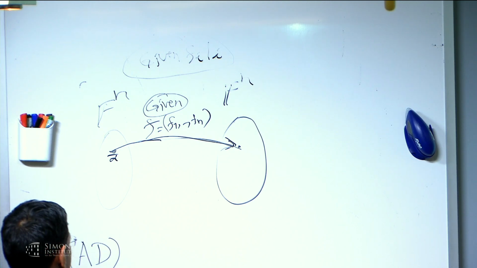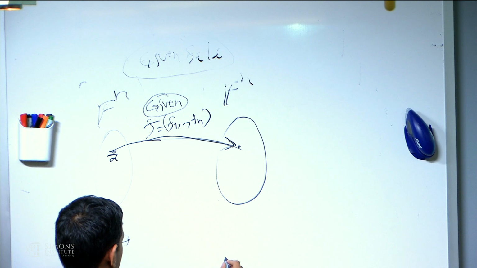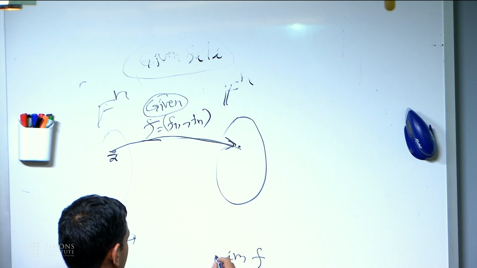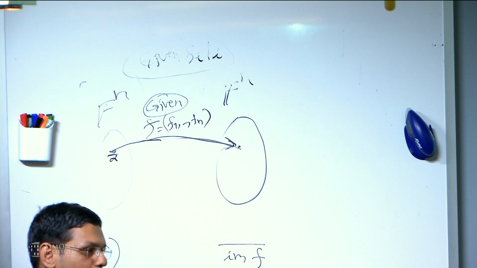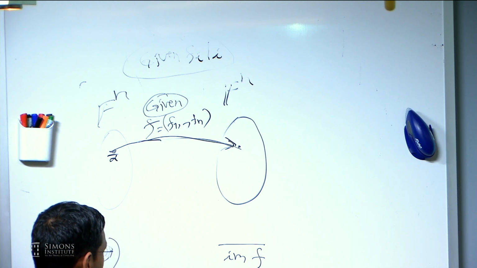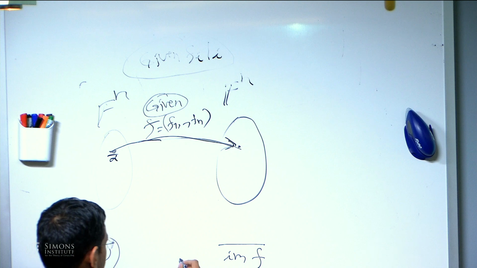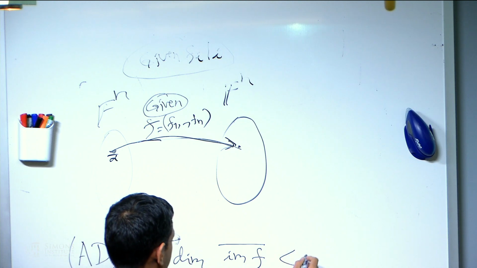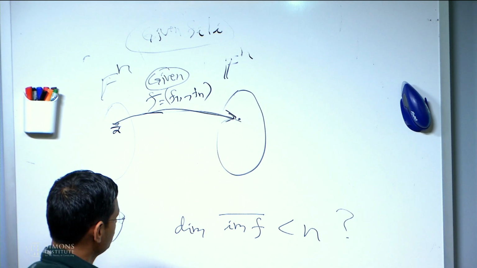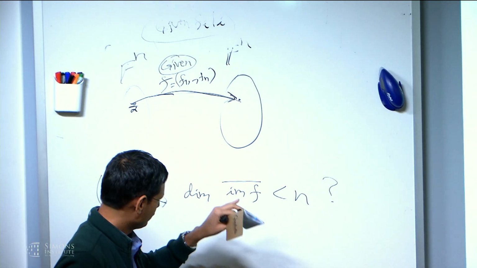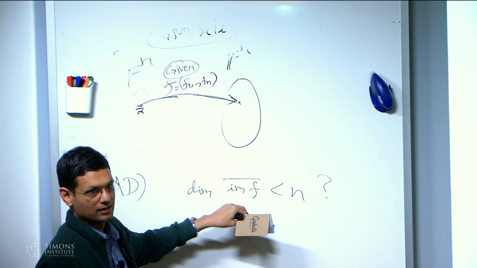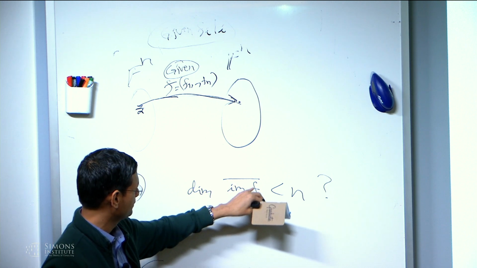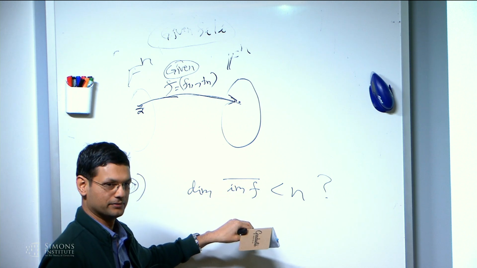You look at the image of f, look at its Zariski closure, which thankfully I won't need to define here. Everybody knows what this is. So what is the dimension of this? Is it less than n? Although you already know the definition of closure, it may not be immediately clear that here the closure is actually a variety.